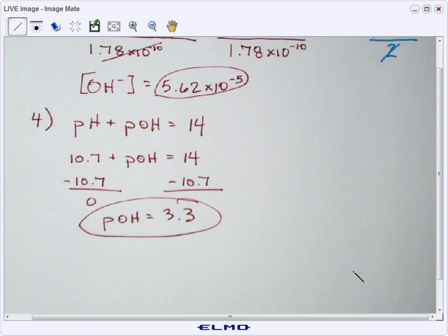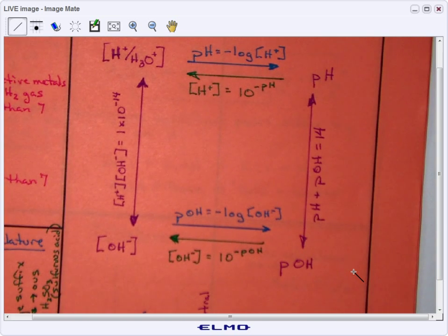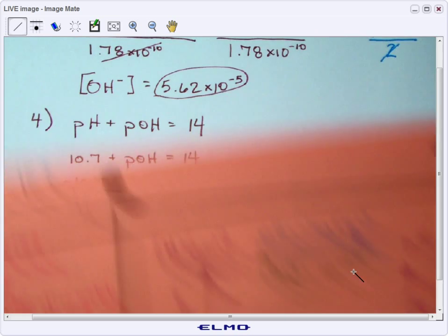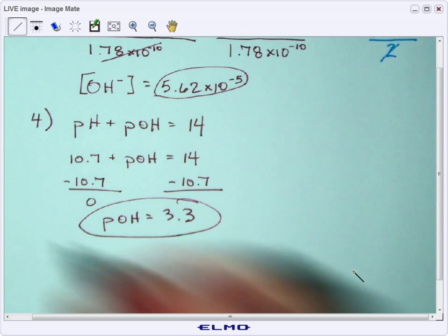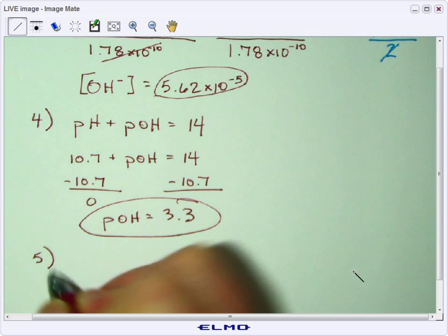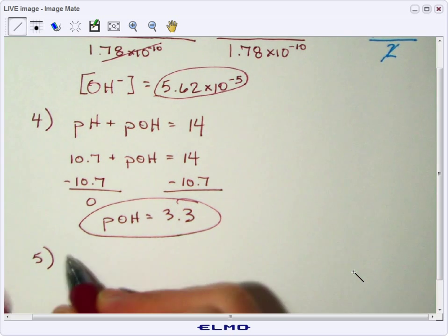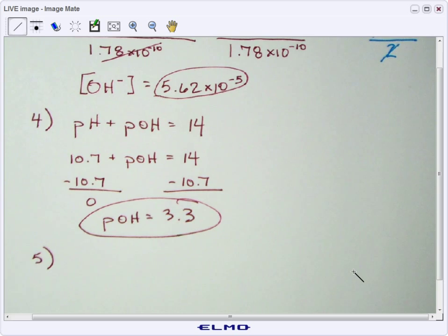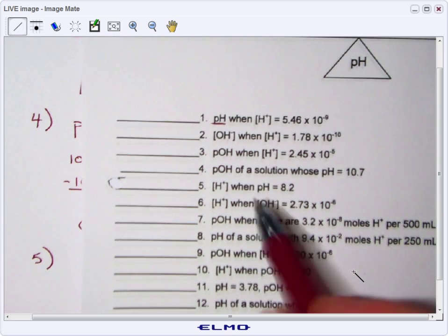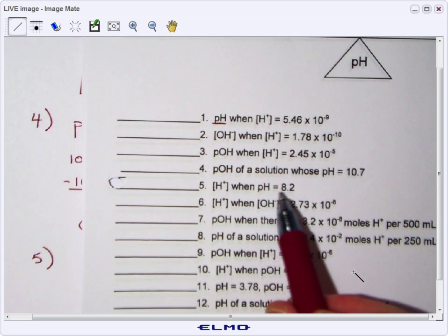So again, you're going to have a copy of this square for the test. You just have to be able to find out where you start, where you're going, write down the equations, plug it in. Number 5 says to find the H plus concentration when the pH is 8.2.